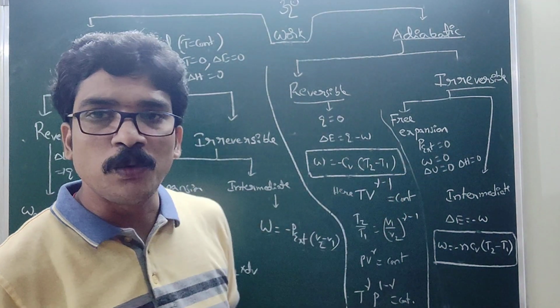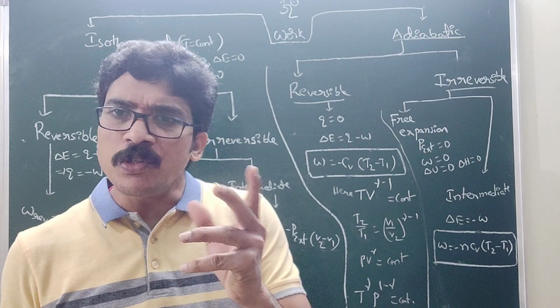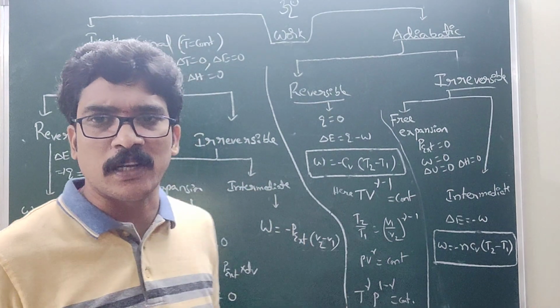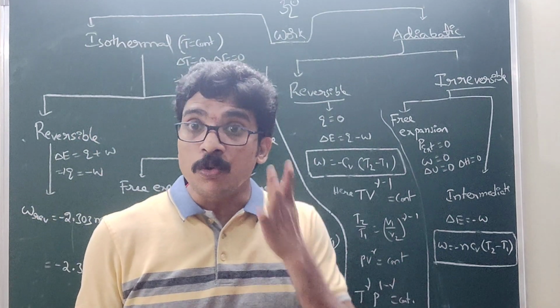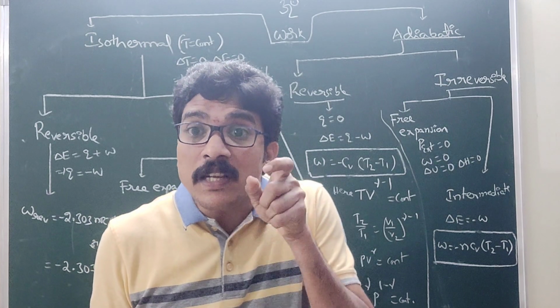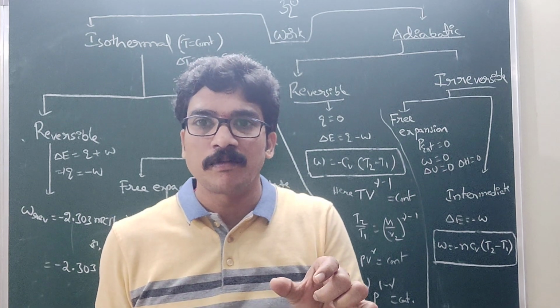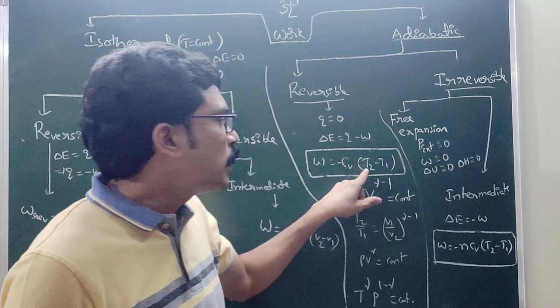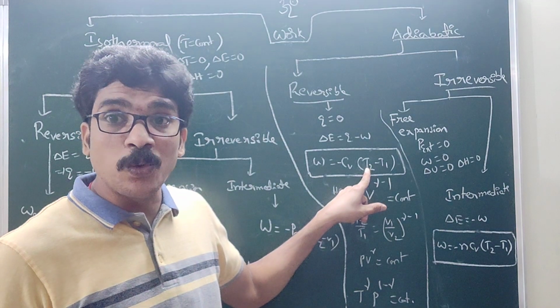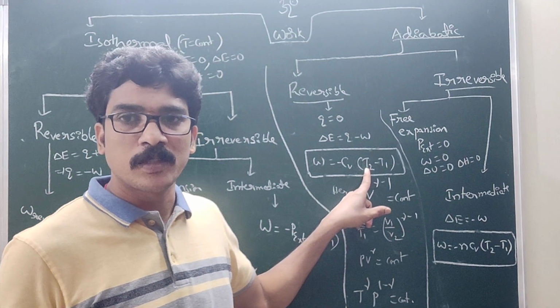In most problems, T1 and T2 both are given, then directly calculate work. But if the process is reversible, then T2 is not given in the problem.